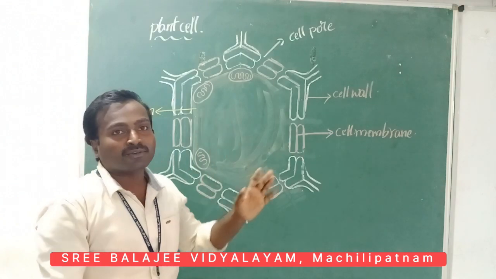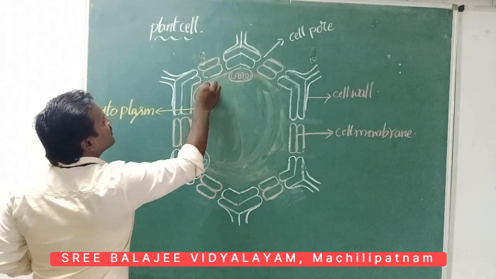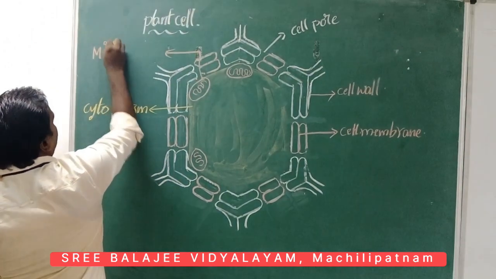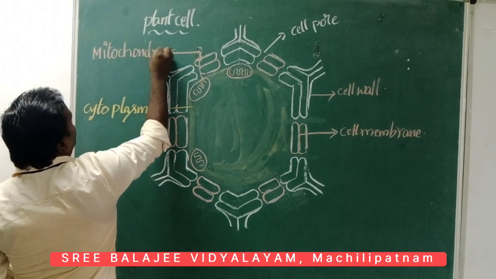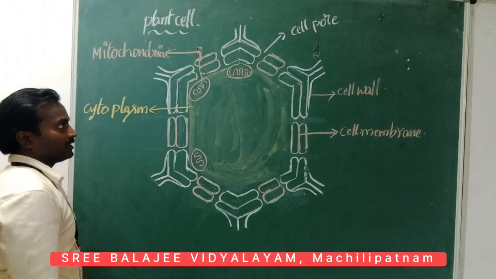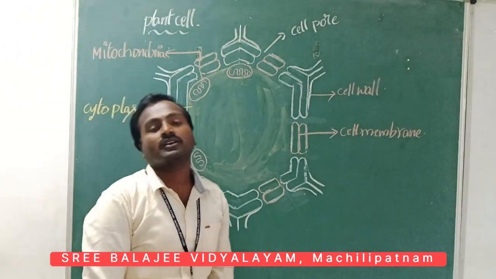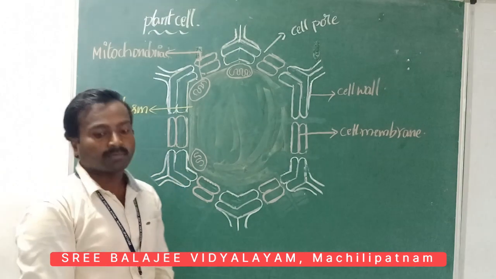That is why I have drawn only three mitochondria. Mitochondria is also called the powerhouse of the cell. It releases energy within the cell. So, three mitochondria: this is one, another one, another one. Totally 100 to 150 mitochondria we can see in the plant cell.